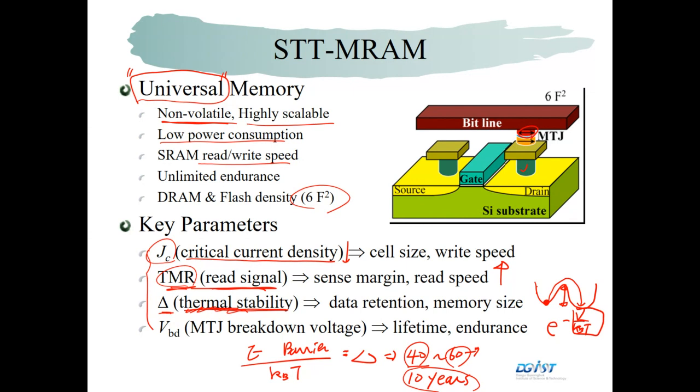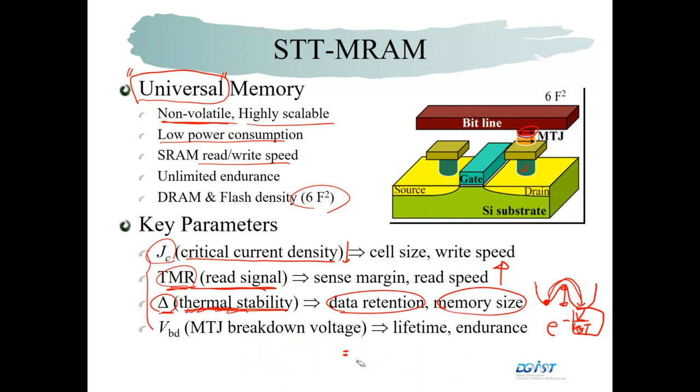But if the delta is small, that means there is a lot of chance that the information is destroyed. So this is related to the data retention and the size of the memory, because the memory size also relates to the energy barrier. Okay, so delta should be 40 to 60 or so.